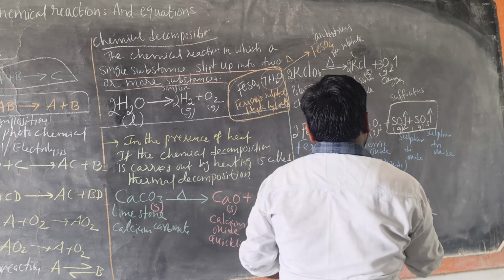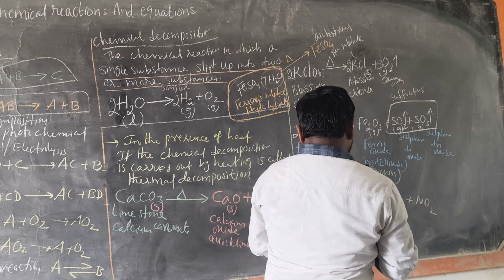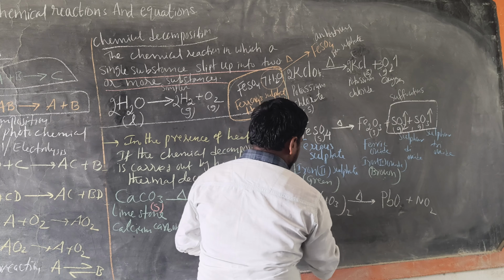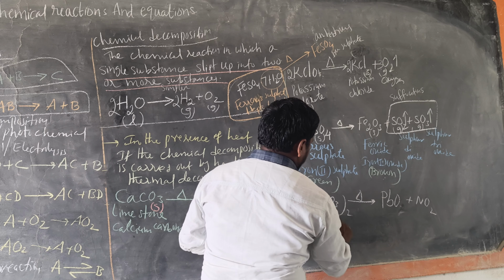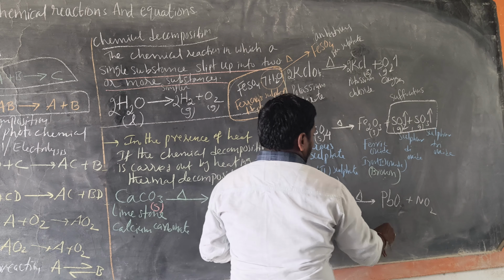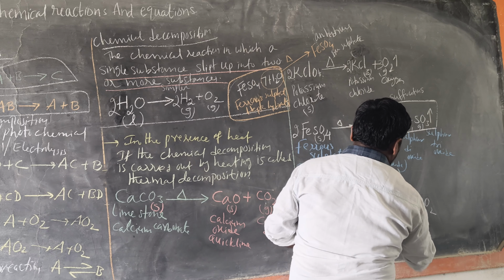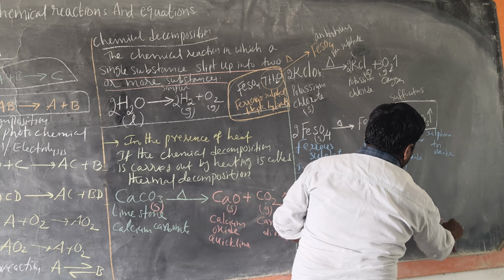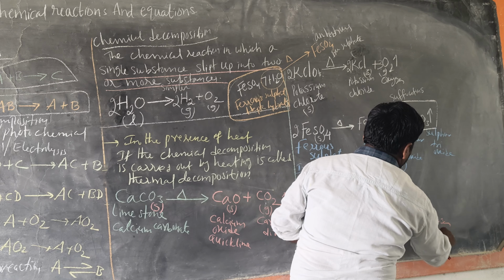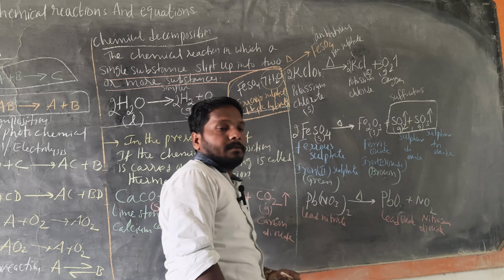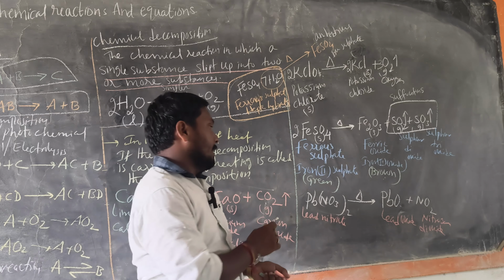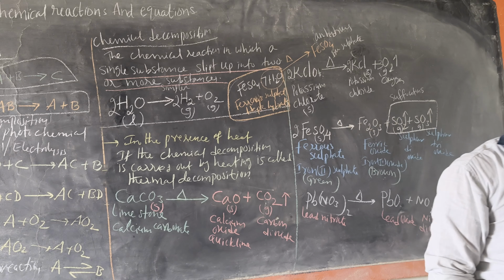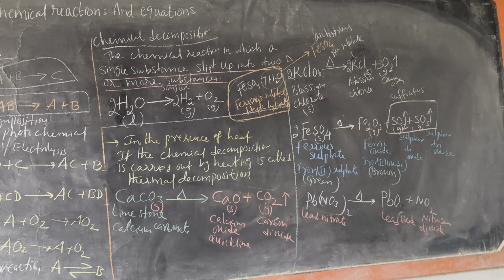So this is lead oxide and nitrogen dioxide. Let's see whether it is a balanced chemical equation or not.